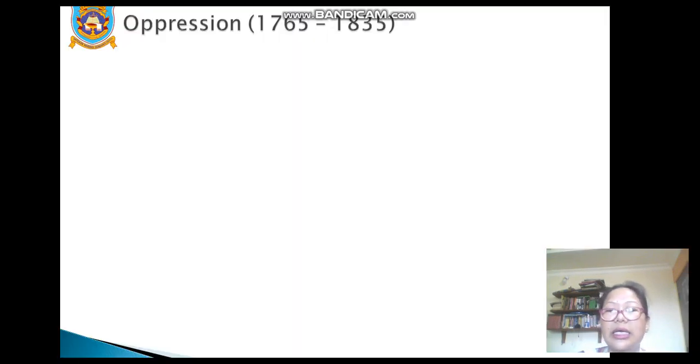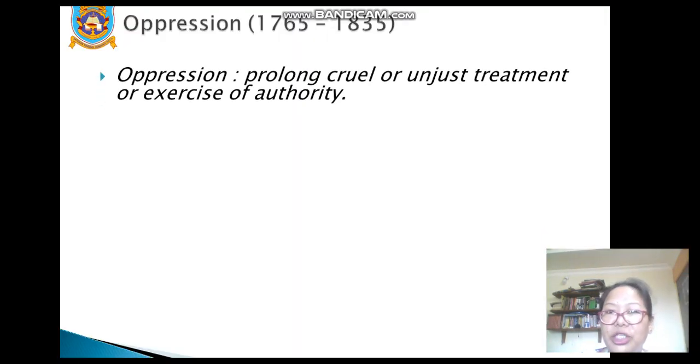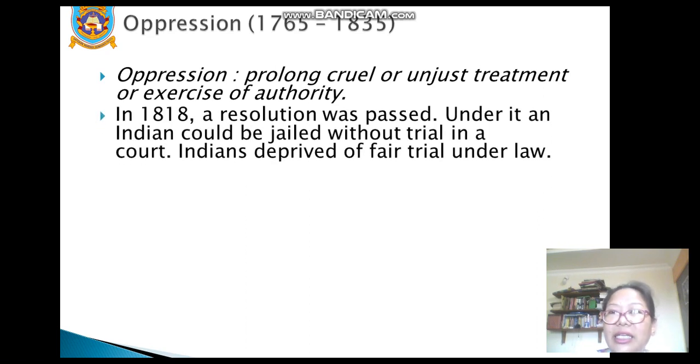In 1818 a resolution was passed. Under it, Indians could be jailed without trial in a court. That means Indians were deprived of any fair trial under law.